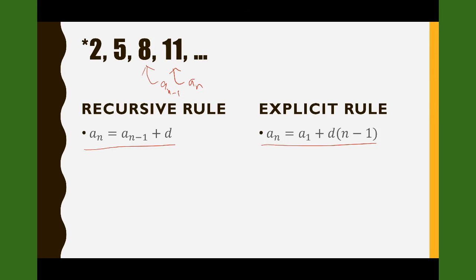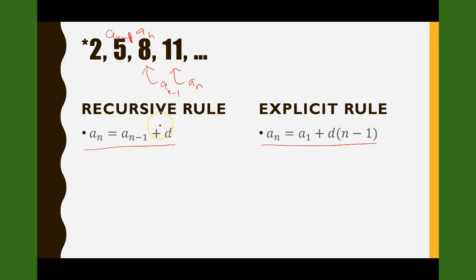Similarly, if 8 was A sub n, the current number we're working with, 5 would be the number before it, so 5 would be A sub n minus 1. They are two consecutive numbers, one after the other.